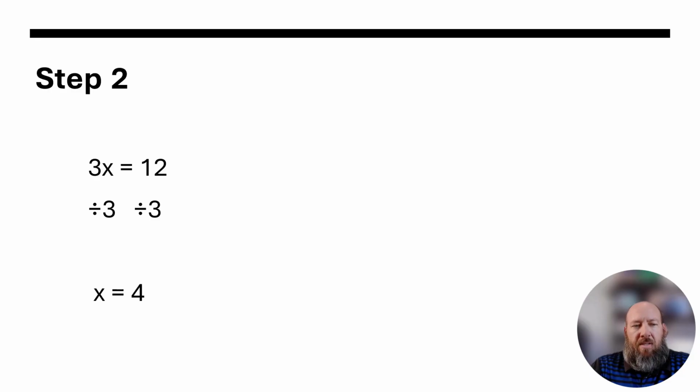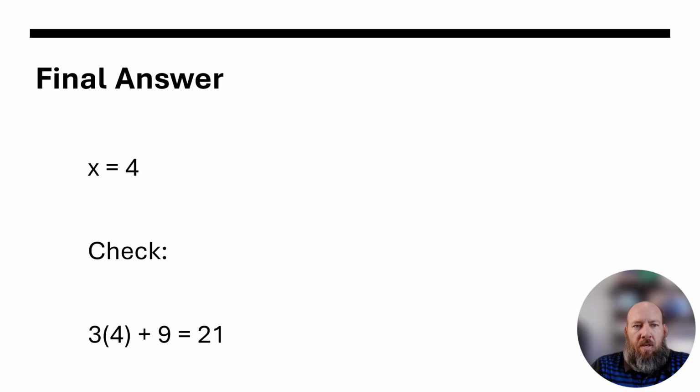So we divide by 3 on both sides and we get x equals 4. Our final answer then is x equals 4, and again we check this. So we plug in the 4 for where the x was. So 3 times 4 equals 12 plus 9 equals 21, and that is correct. So we did a good job again.